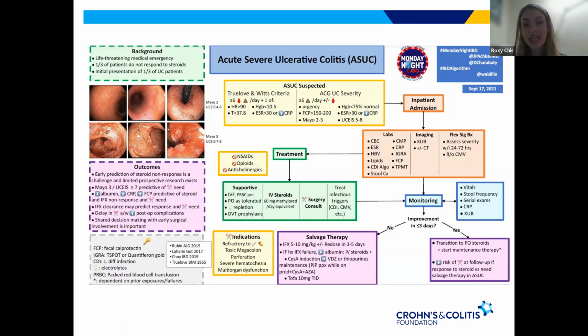We give them just a few more days, and then if nothing has changed, then these people do go to the operating room and they have their entire colon removed. That's basically considered a cure for ulcerative colitis, because now you've removed the entire area that can be inflamed. So that is pretty well the main acute presentation for inflammatory bowel disease that we really need to watch out for.